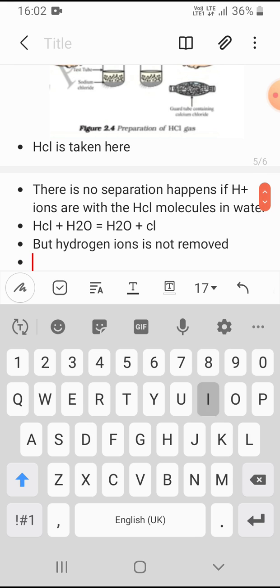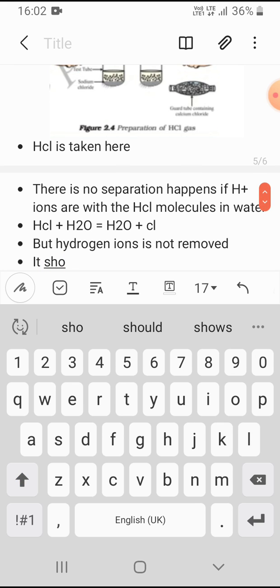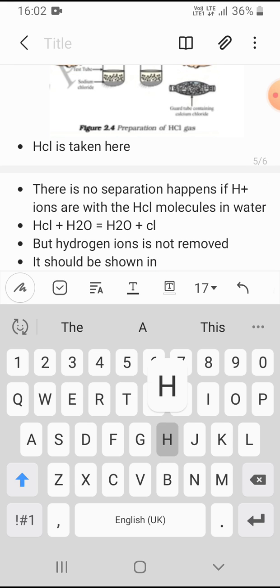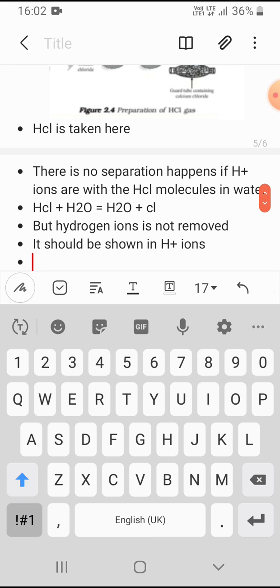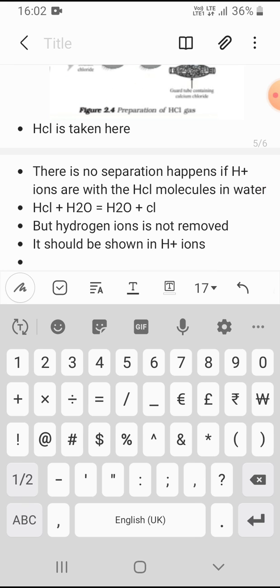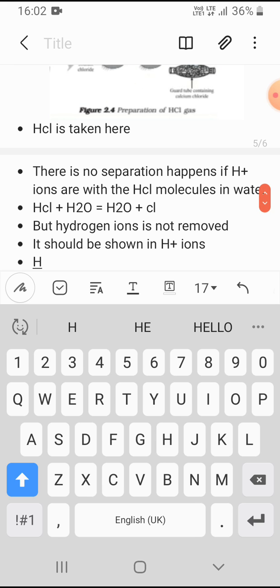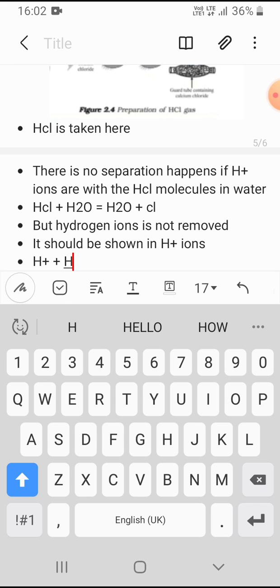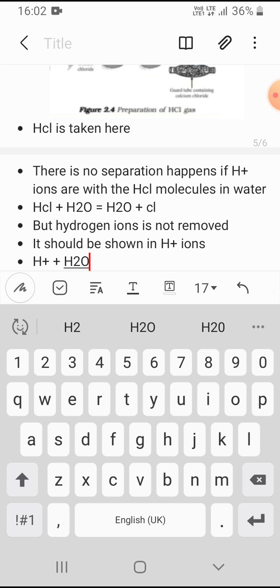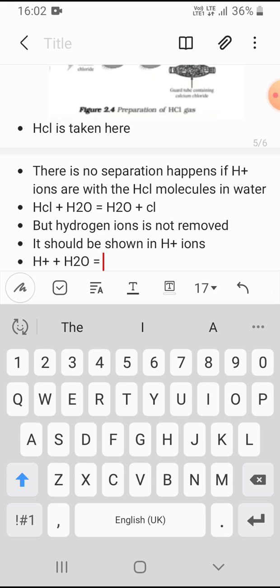So it should be shown with H plus ions. For example, when H plus ions react with H2O, we get H3O plus.